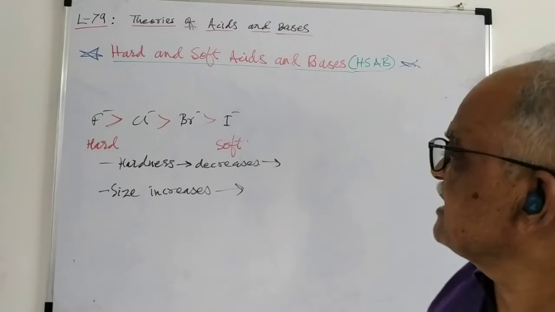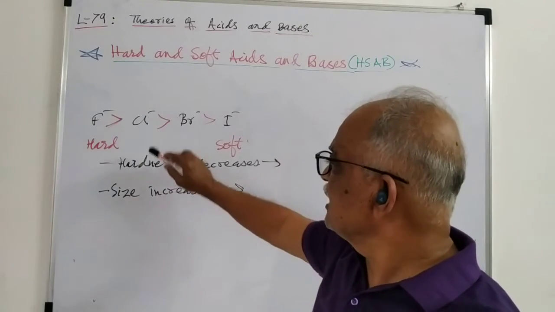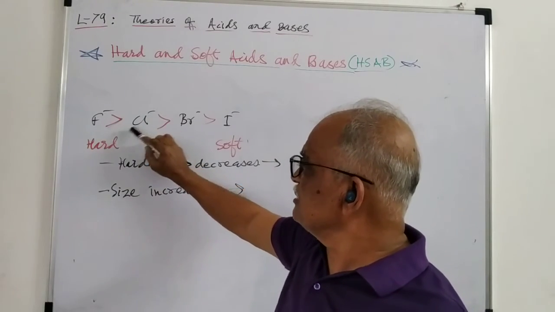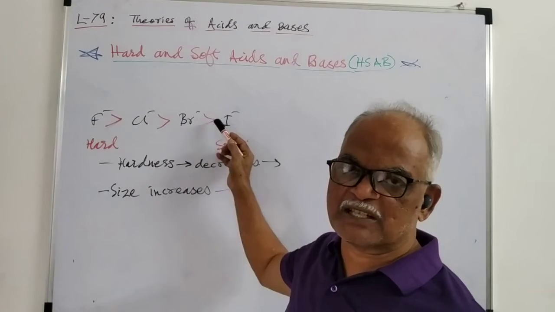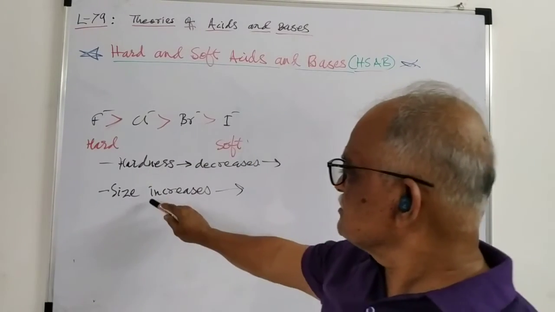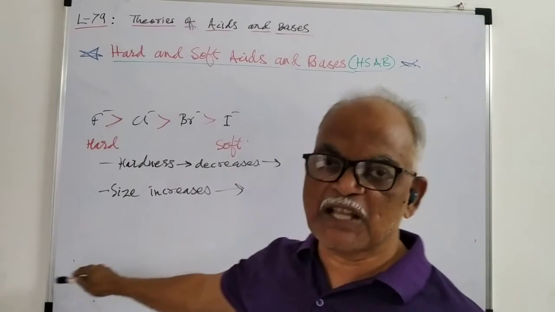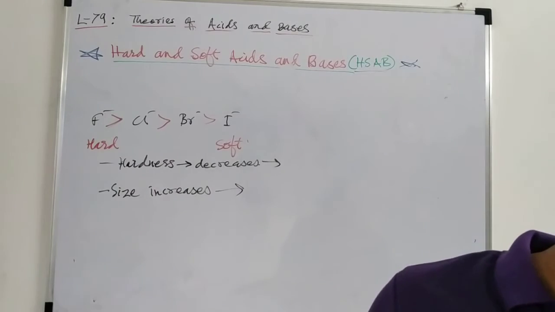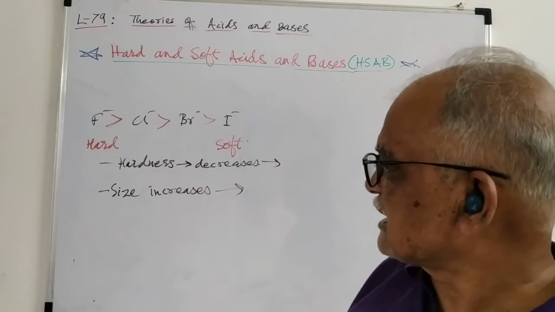So the softness or hardness depends upon the charge. Charge is the same here, size is different, and therefore the species are less or more hard.